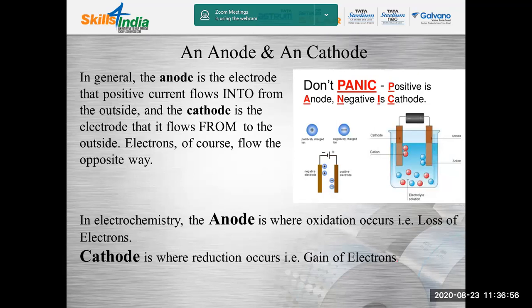This is the process of anodic and cathodic. In general, the anode is an electrode that positive current flows into from the outside, and the cathode is the electrode that it flows from to the outside.